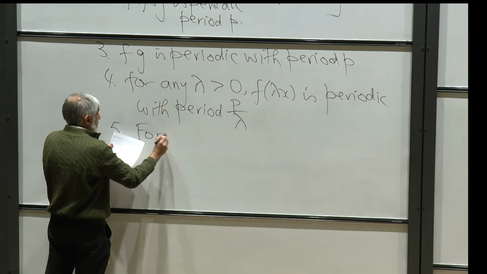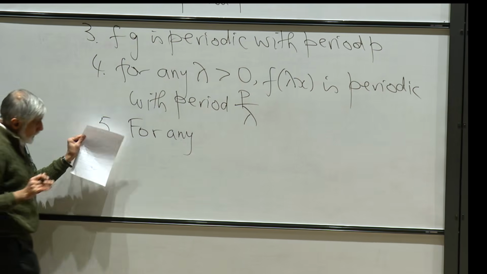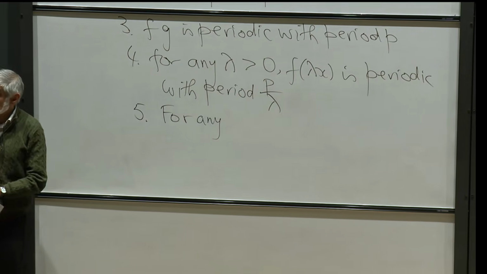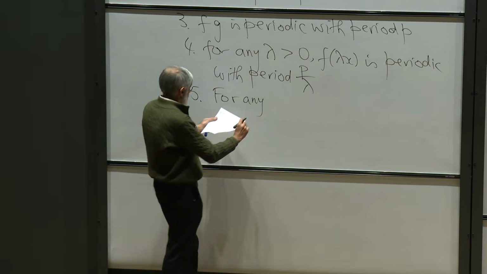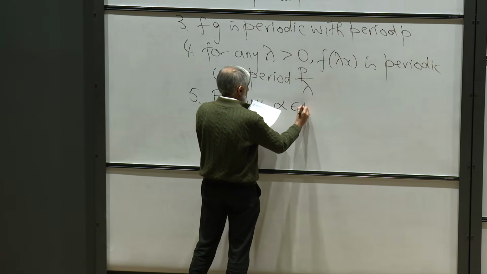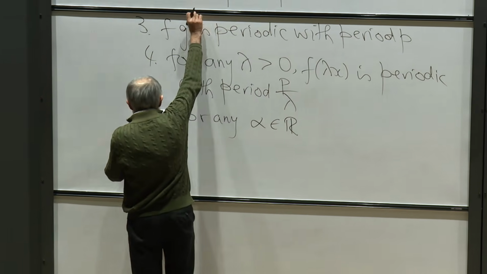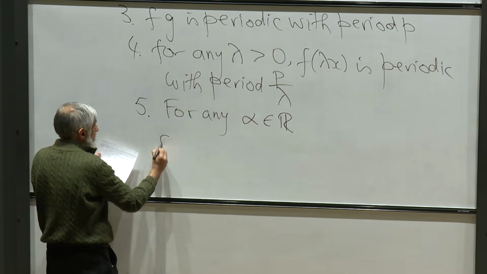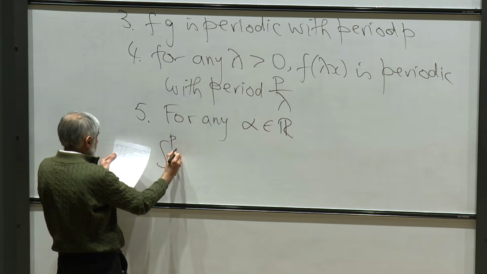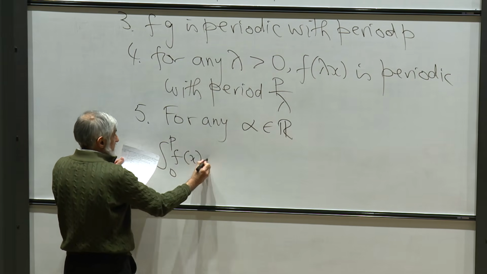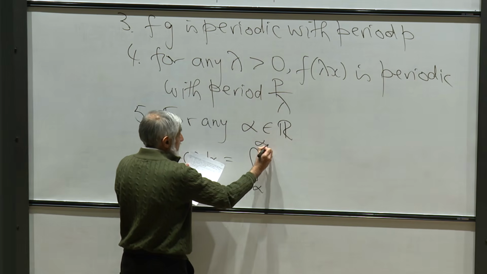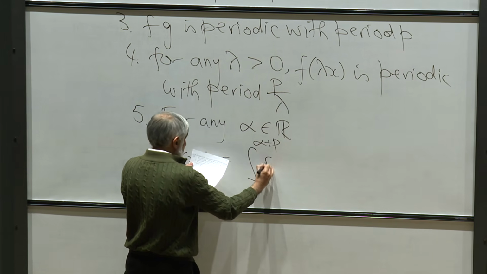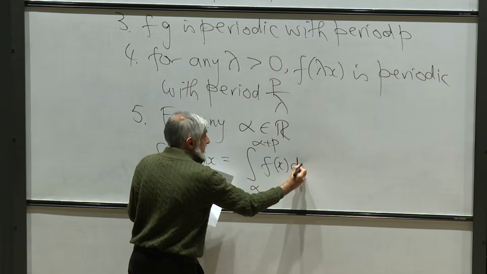So now what we're going to do, this is going to come in very useful when we're doing the Fourier series. For any alpha real, the integral from 0 to p of f of x dx is equal to the integral from alpha to alpha plus p of f of x dx.